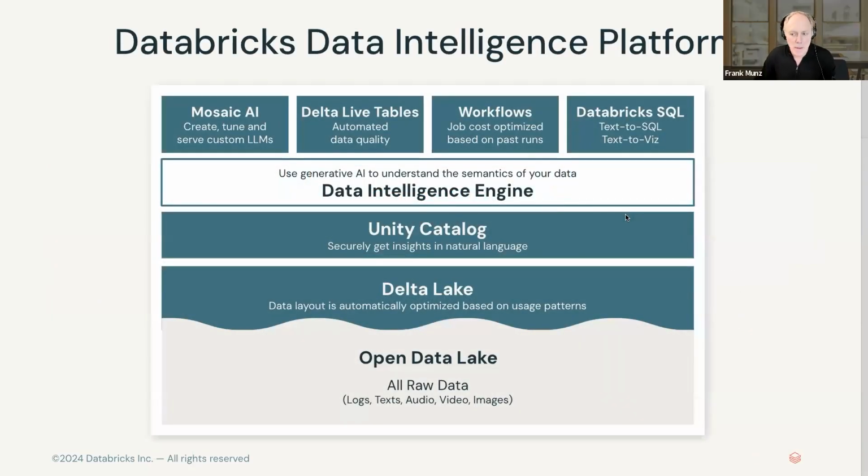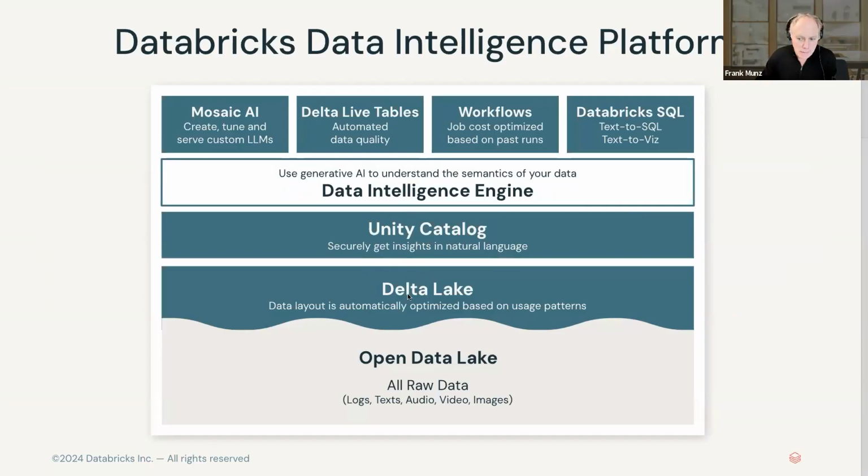Okay, so remember the Lakehouse architecture that I was showing you? Same thing with the data intelligence engine in the middle. That is not a product. That is more like the underlying technology that is learning from all the interactions that you do, that is learning from additional information it can get from Unity Catalog.